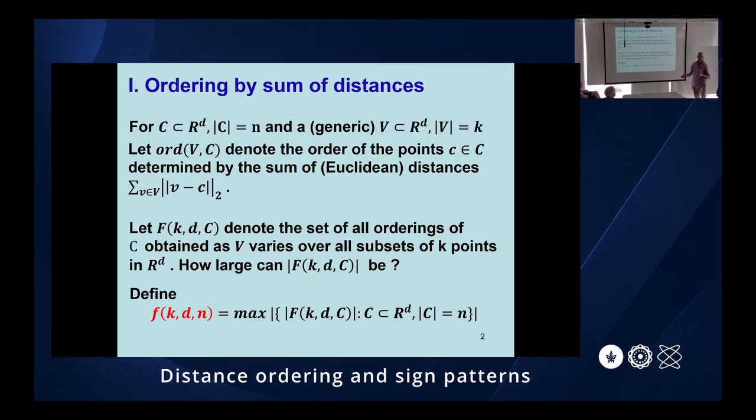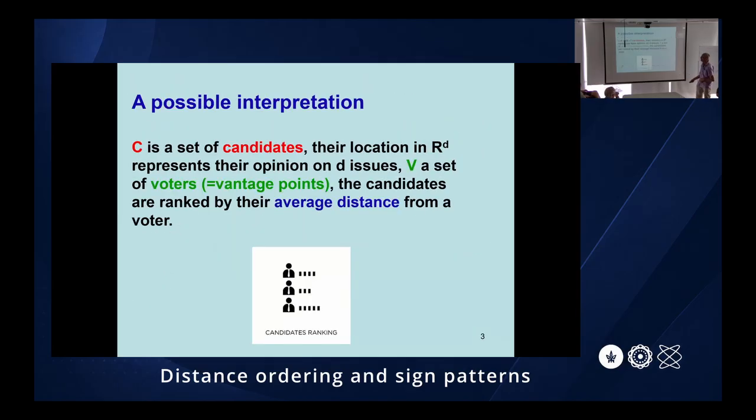Let me tell you something about motivation, which I'm not sure is very convincing, but which appeared in the early papers on the subject. It's a possible interpretation: we can think of C as a set of candidates, and each candidate has an opinion on d issues.